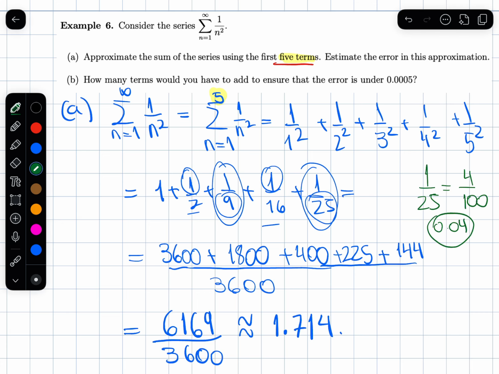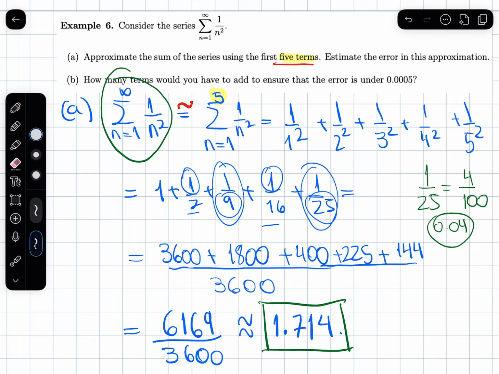So the next terms get smaller and smaller. But is this a good approximation? How far from the actual sum do I have? Actually, this needs to be an approximation. But how far do I have it? What is the error in my approximation? How can I estimate it?